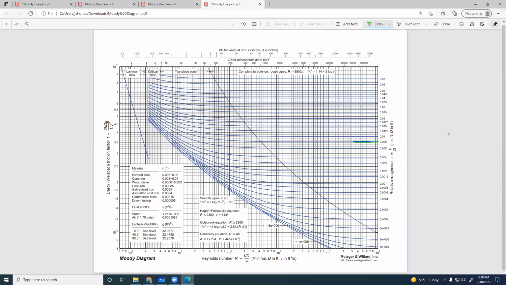We're at about 4 times 10 to the 4th, right? Kind of a low flow rate, narrow pipe. So we're going to trace all the way up until we intersect this line. Right there. So that's our intersection point.